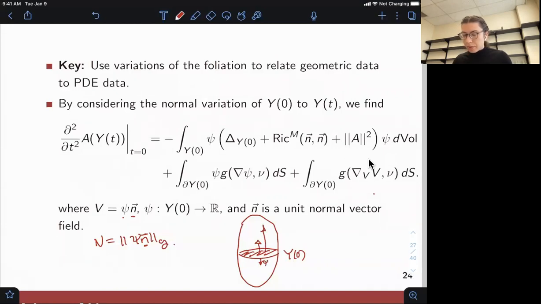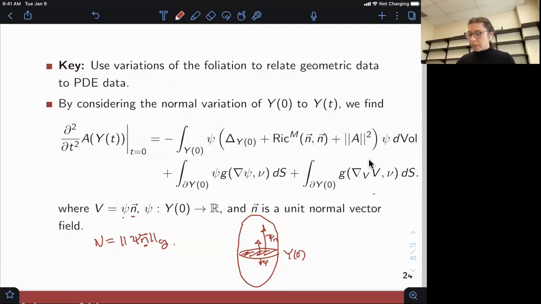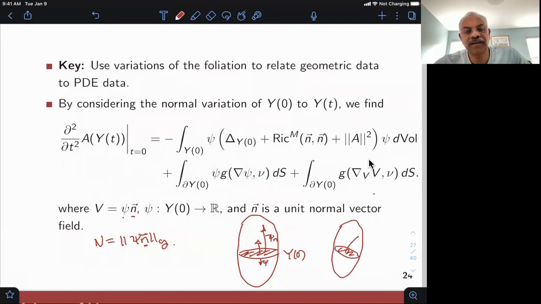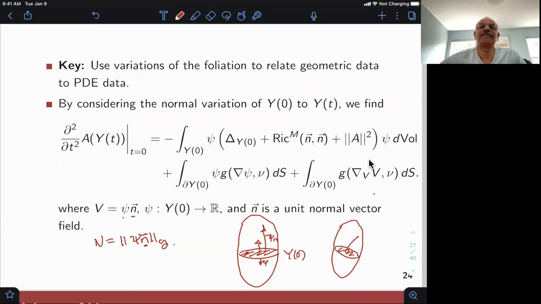But maybe I move off quite a bit, I vary it quite quickly. That would be another psi, a scaling of this normal vector field. Okay, so that's sort of like the velocity of the... Yes, like the velocity. It's telling me how fast I sweep through this manifold. I see. Do I sweep through it really quickly, or do I sweep through it very slowly? Okay, all right. Thanks.